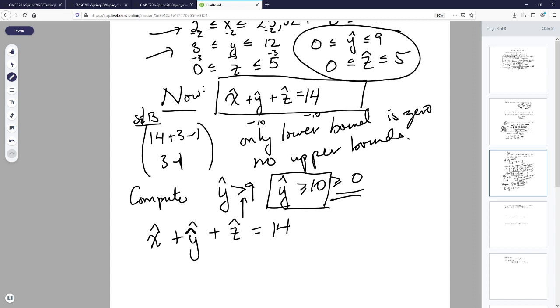Oh, I'm sorry. If this is y double hat, we have to subtract off 10, so this is equal to 4 now. So the number of solutions is 4 plus 3 minus 1, so I'm just going to say 4 plus 2 choose 2.